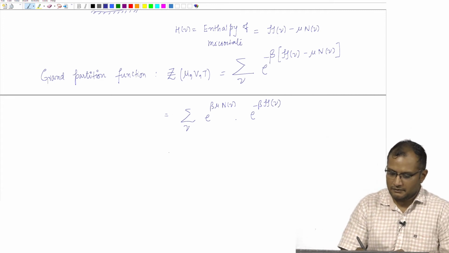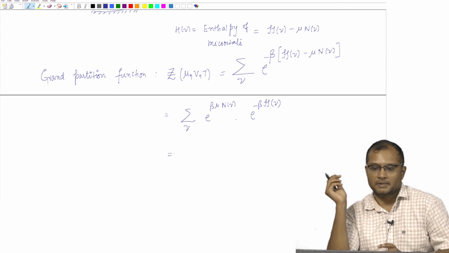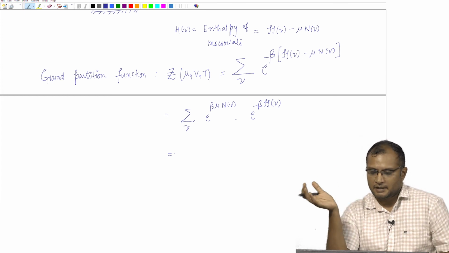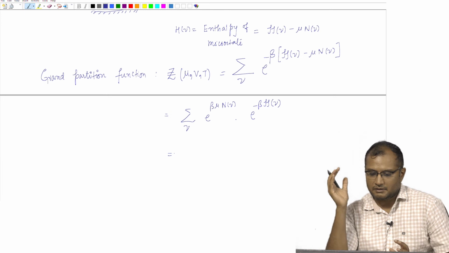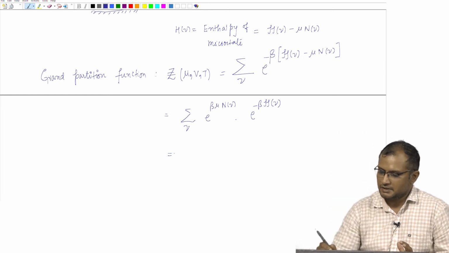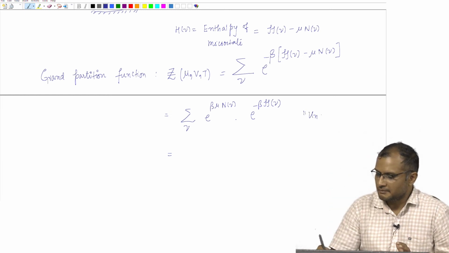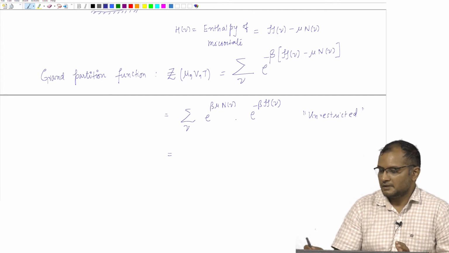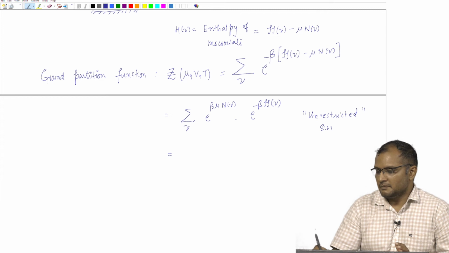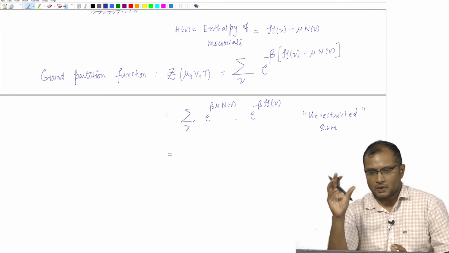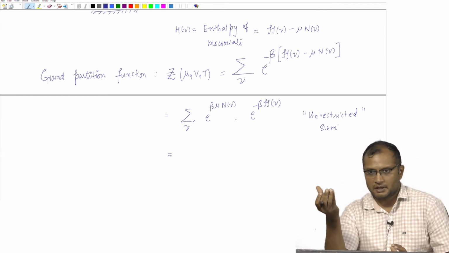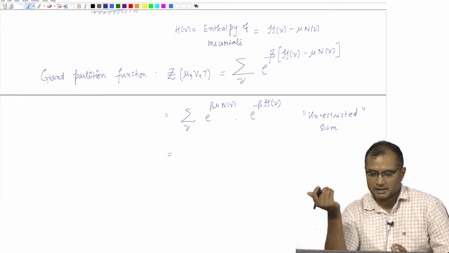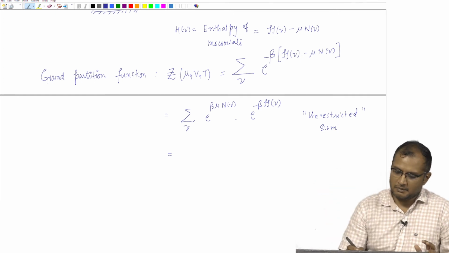Now I can compute this sum easily by interchanging. Here this is the unrestricted sum, since the microstate label is set up by the joint variables, which are the particle coordinates and the number of particles. So, we can decouple them and form a restricted sum.